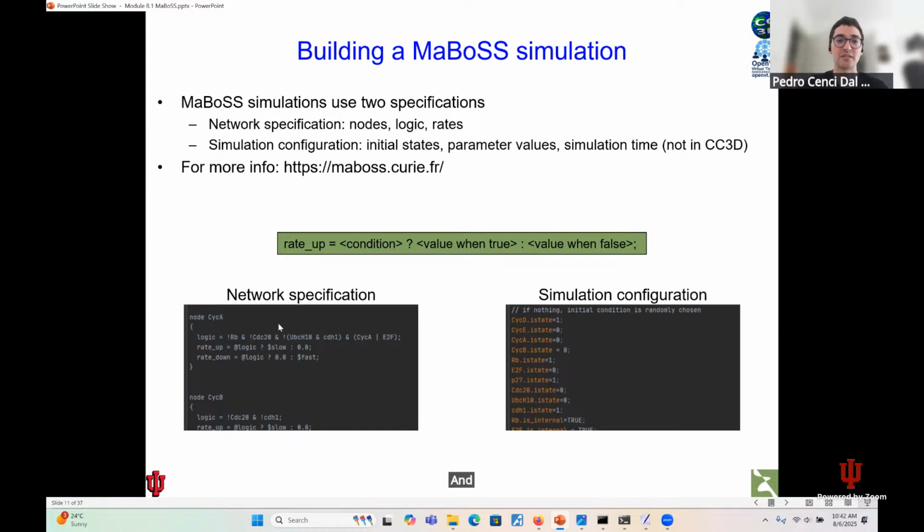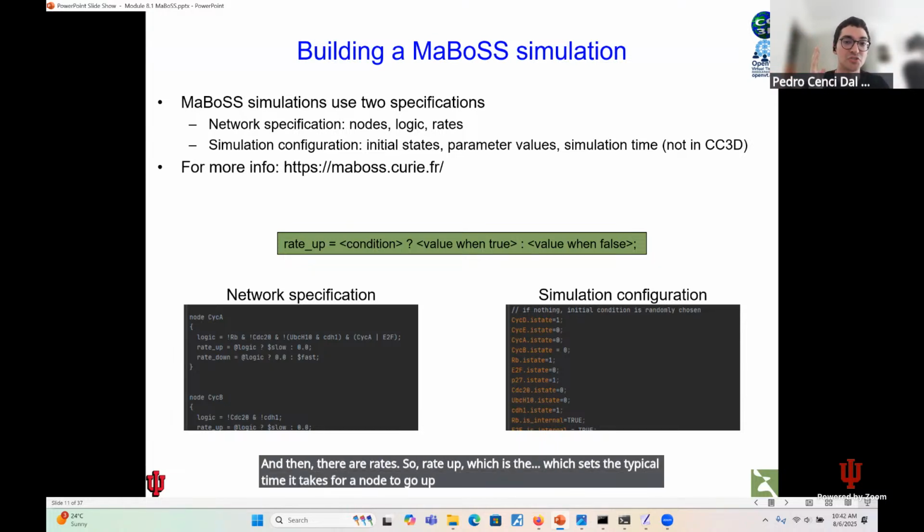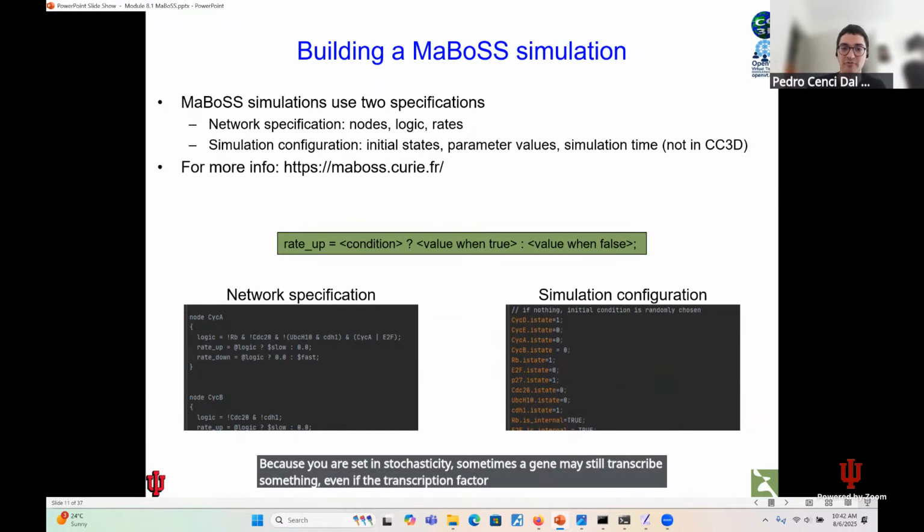And then there are rates. So rate up sets the typical time it takes for our node to go up if the condition is true. And if the condition is false, you'll have another rate up because you are setting stochasticity. Sometimes a gene may still transcribe something even if the transcription factor is not available, for example.